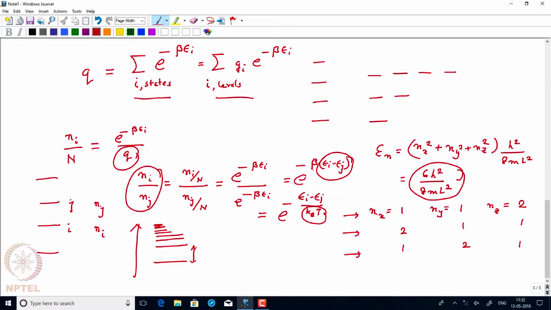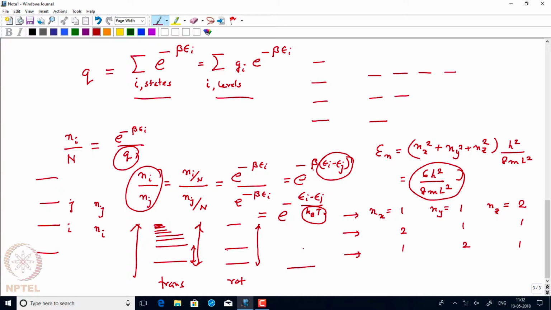So the difference in population won't be much, or in other words, there will be many translational energy levels populated. A similar thing will also happen for the rotational energy levels, where we have energy levels like this, and they are also degenerate. We'll also see that for rotation, many energy levels will be populated at room temperature.